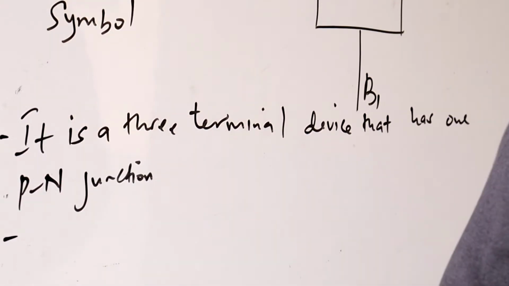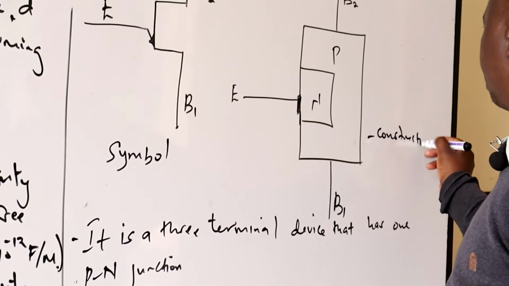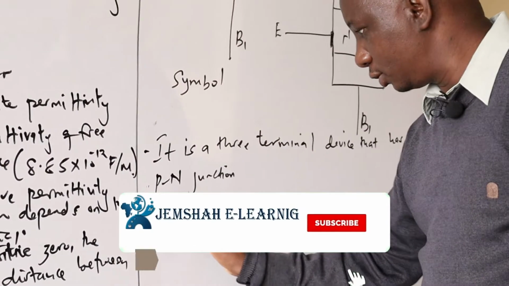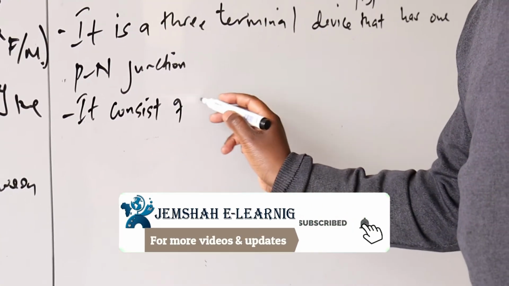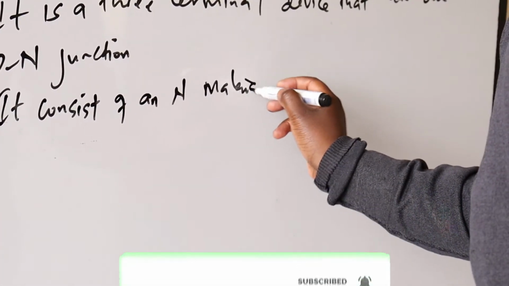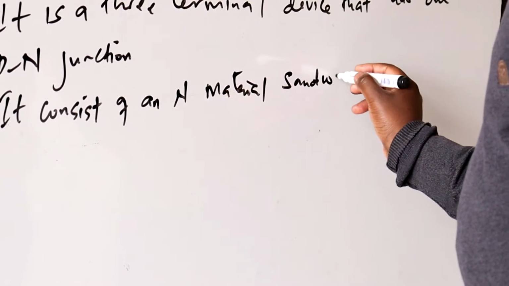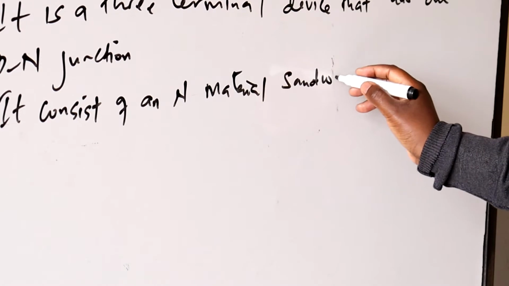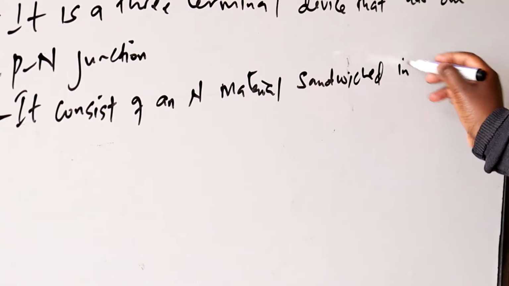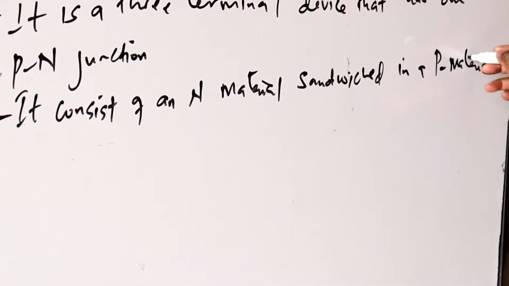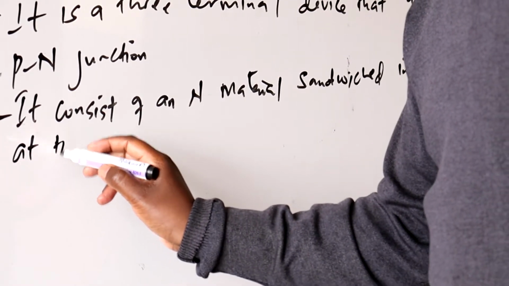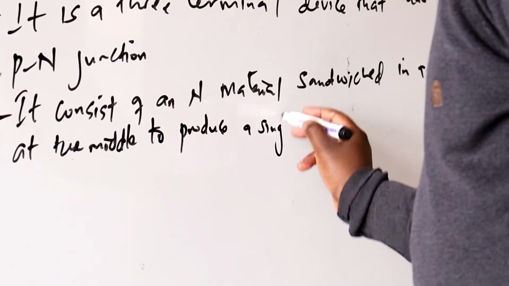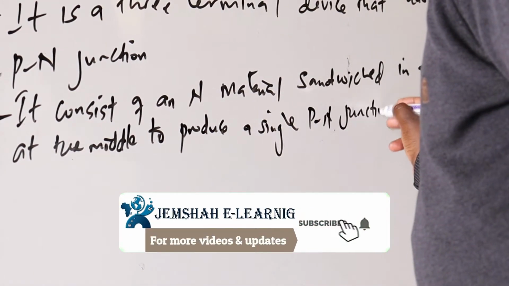This is meant for the construction. What about the construction? It consists of an N material sandwiched in a P material at the middle to produce a single PN junction.